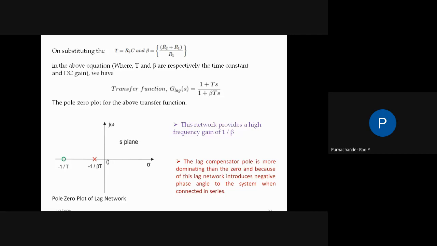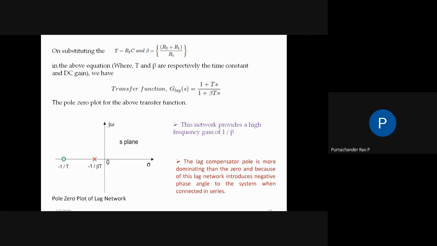Here, beta is normally greater than 1, because beta is equal to (R2 plus R1) by R1, and therefore the value of beta is greater than 1. So the pole is located near the origin or imaginary axis, and the zero is located away from this.